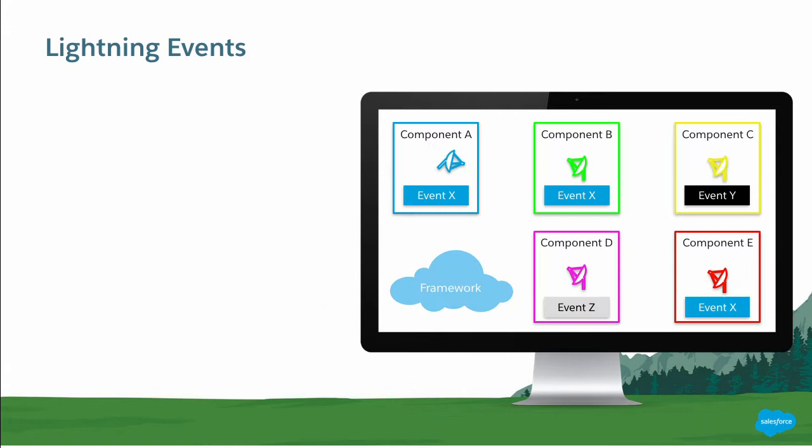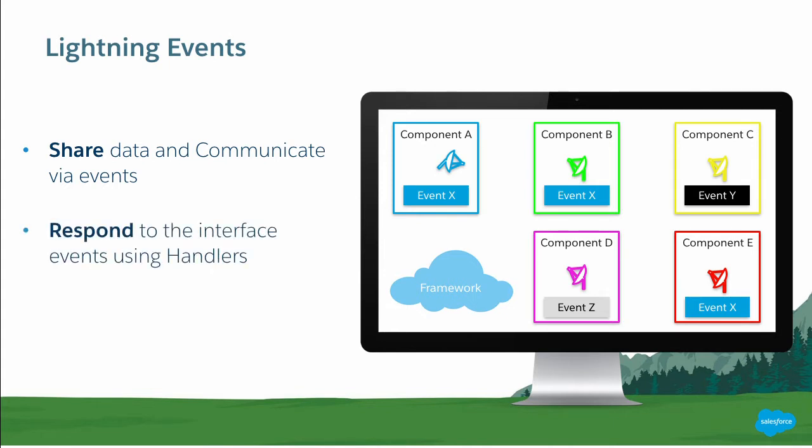And that's using Lightning events. Lightning events allow you to share data and communicate with Lightning components that you own, or that Salesforce owns, or that other developers own, using events. And also to respond to user interface events and to Lightning Framework system events, which we're going to look at in more detail later on.